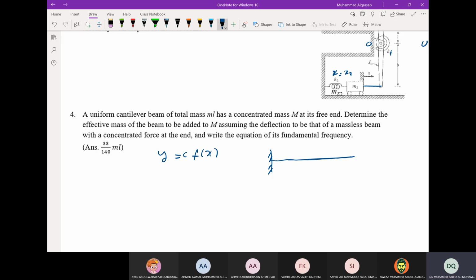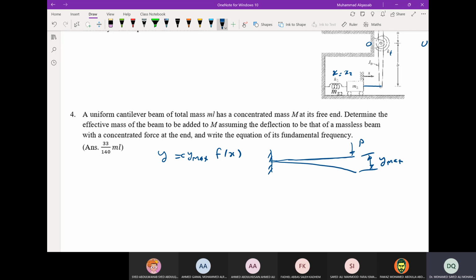This will deflect under concentrated load P, and this is y maximum. So what you need is y maximum times f of x, and maybe there is a factor half here, so I will just make it equal to c.